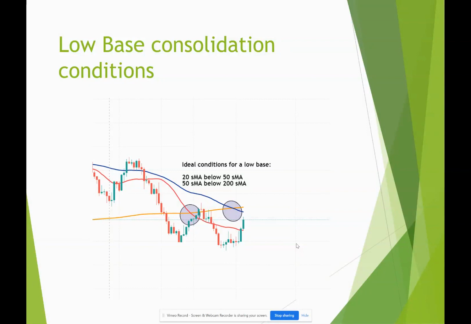I set up scans to tell me when the 20 is below the 200. And I like to watch where the 50 is going. The second the 50 crosses the 200 and the 20 is still below, I start getting excited. These are the conditions I like to look out for.